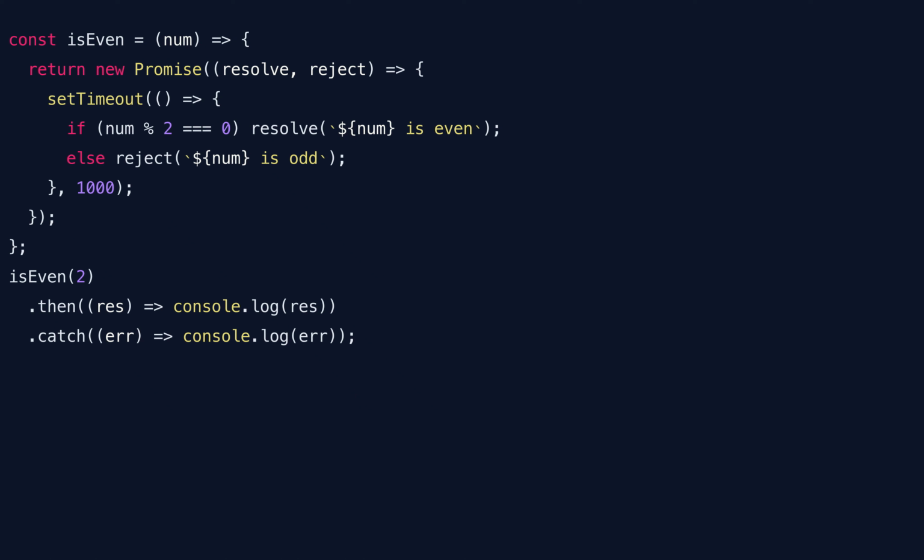It takes a callback function as an argument. The callback function takes the error of the asynchronous operation as an argument. If we run the above code, we get result in the then method because the number is even. If we change the number to 3, we get the error in the catch method. Let's see how to handle promise using async and await.